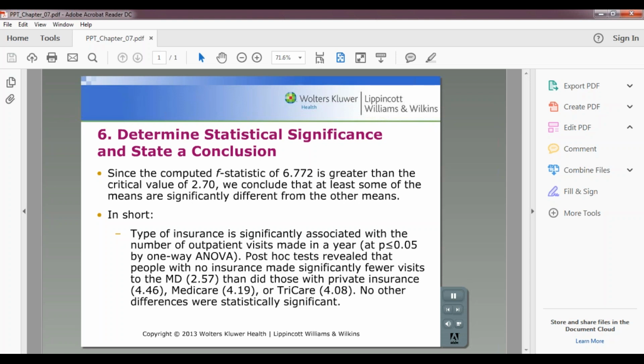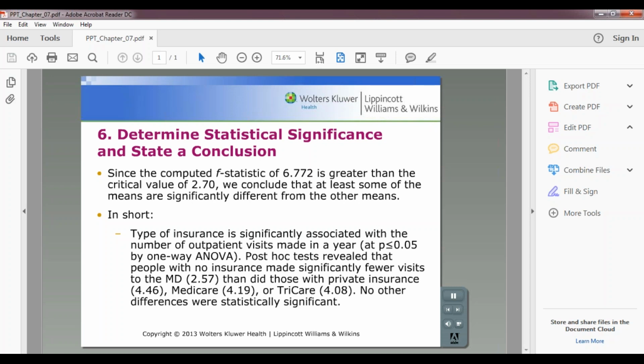Type of insurance is significantly associated with the number of outpatient visits made in a year. In other words, based on these findings, the differences between 4.4, 4.19, 4.8, 2.5 didn't happen by chance. So there is statistical significance.